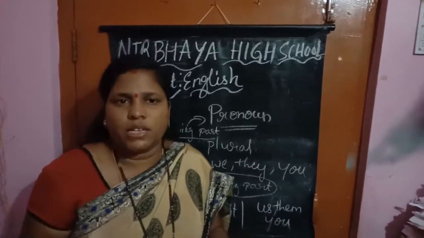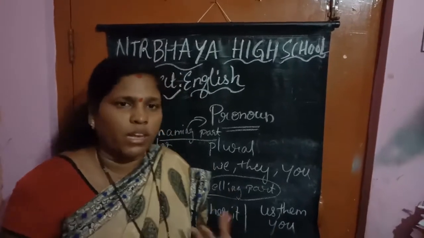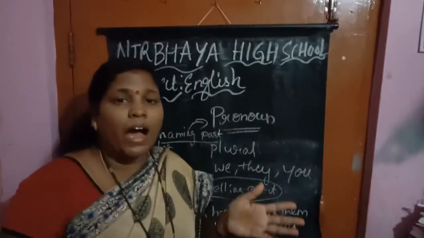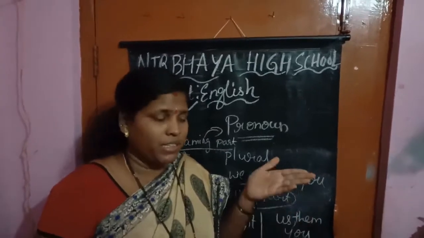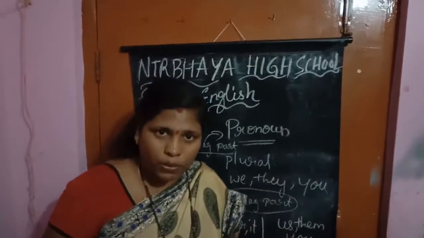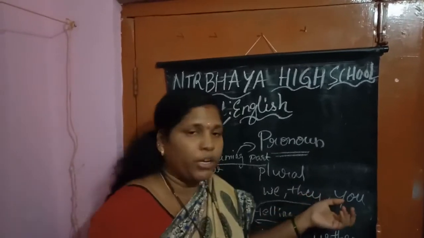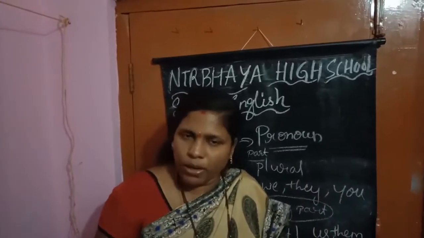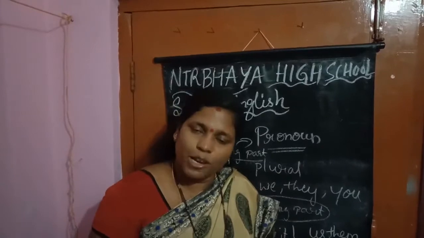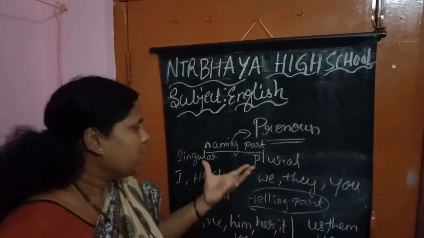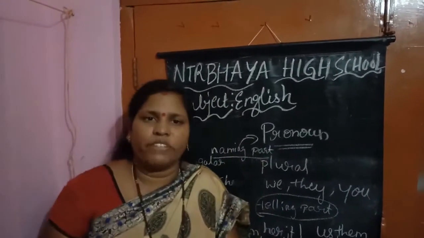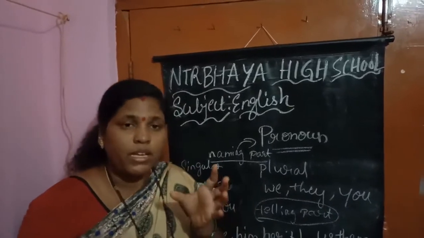They are the heroes. They are heroines. It means a group of people. Understood, children? This comes under the naming part of the sentence.